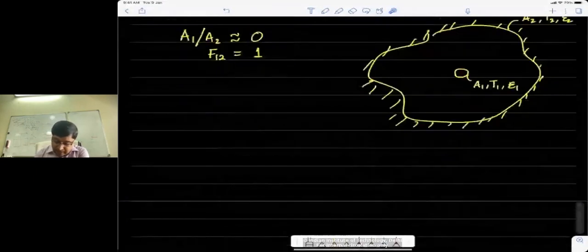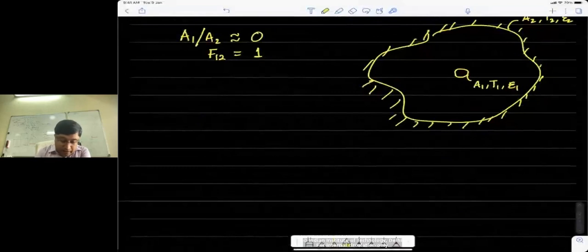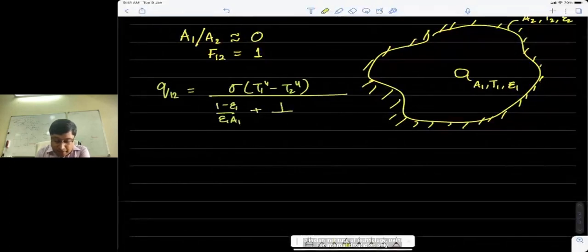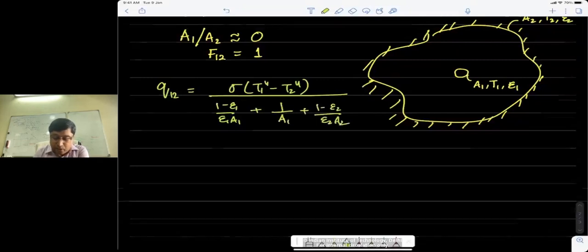I can use it as it is, and so I can write Q12 in this case, which was sigma (T1 to the power 4 minus T2 to the power 4) by (1 minus epsilon 1) by (epsilon 1 A1) plus 1 by (A1 F12). Now you need to remember that F12 is 1, plus (1 minus epsilon 2) by (epsilon 2 A2).